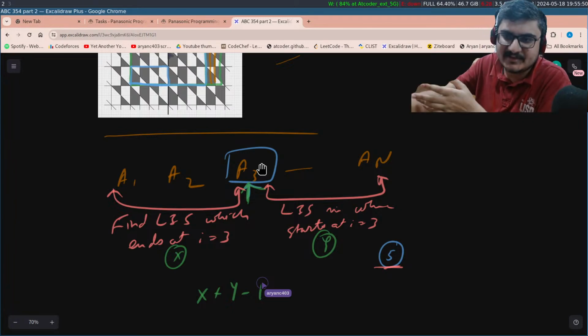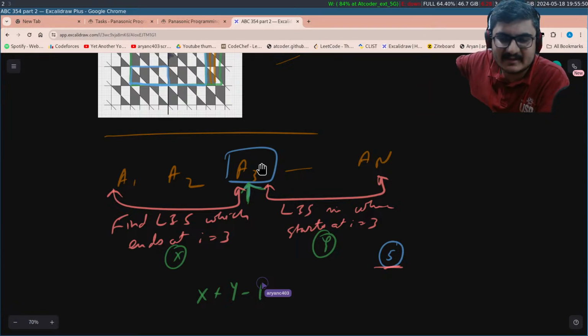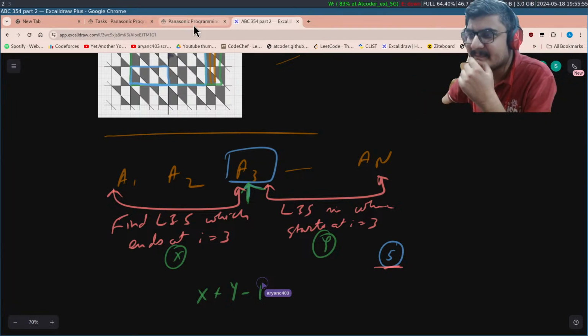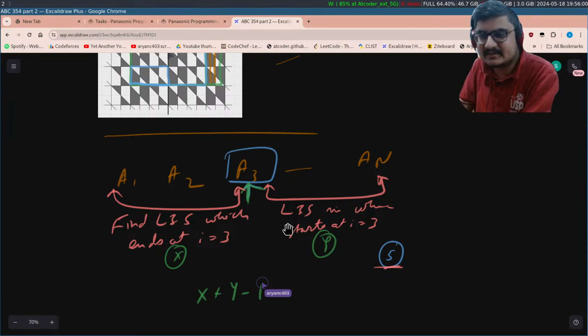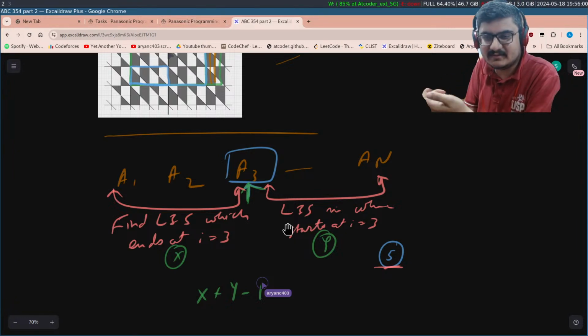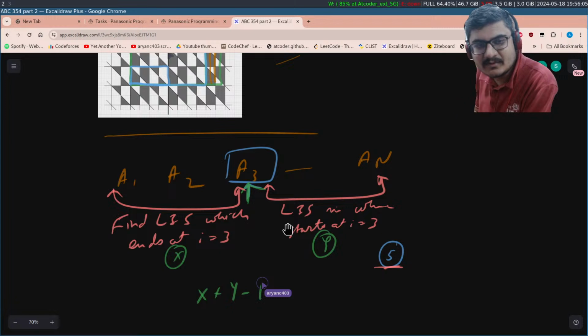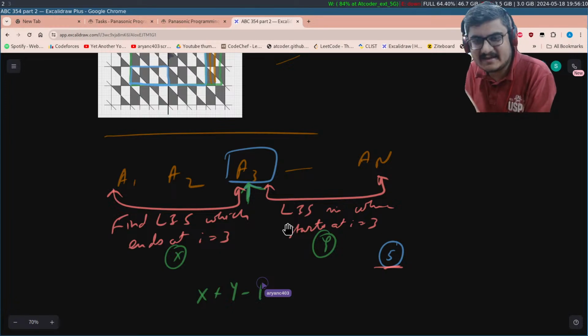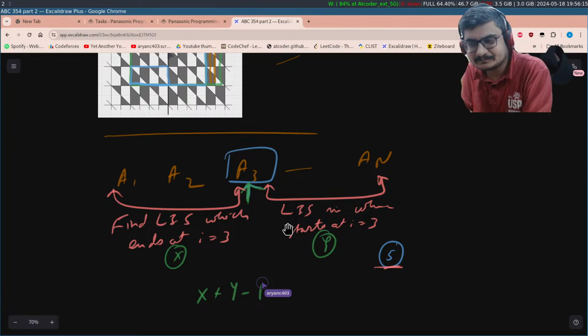It cannot be more than 5 because I initially claimed that 5 is the maximum possible length I can get for the complete array. And then there was another way: I can compute the LIS that ends at i for one part and the LIS that starts at i for the other part using two different functions. Or the other way to do it was to write one function which counts for each index the maximum length which ends at it.